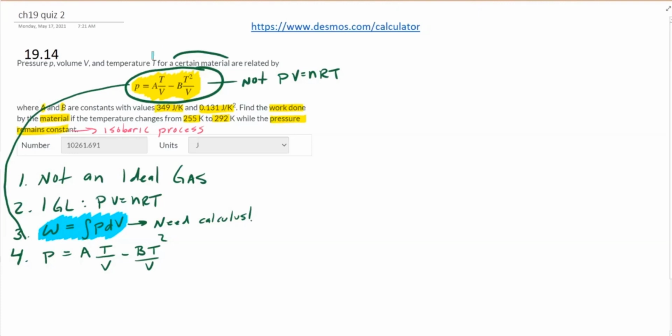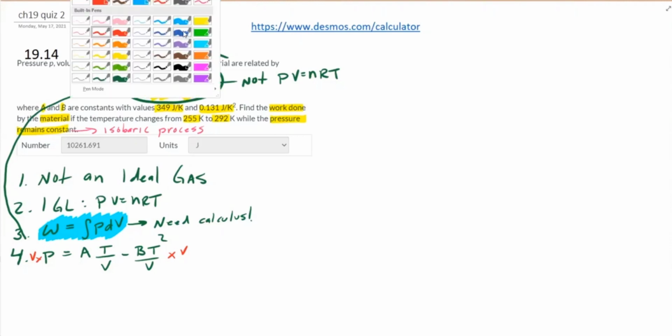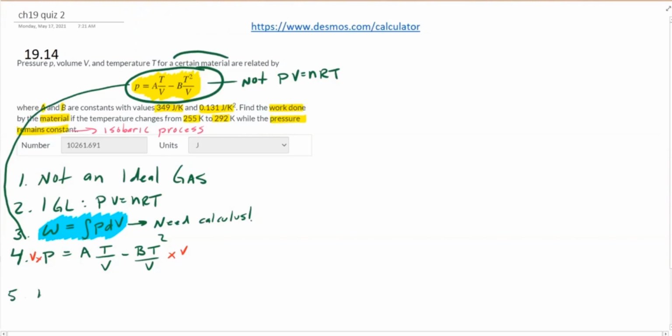All right, so because I need to figure out the integral of PdV, I guess my next move here is to multiply through by volume. If I multiply the right side through by volume, it means I must multiply the left side through by volume. And if I multiply through everything by volume, then I have P times V equals AT minus BT squared.